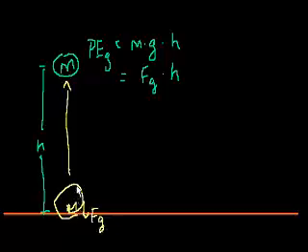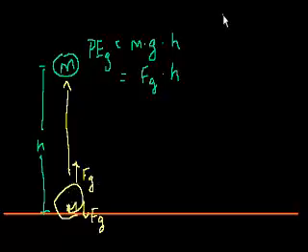So if I'm pulling it upwards at a constant velocity, I'm going to have an equal and opposite force to its weight, otherwise it would accelerate downwards. I would have to do a little bit more just to get it moving, but then once it's moving, I would have to apply an upward force equivalent to the downward force of gravity, and I would do it for a distance of h.